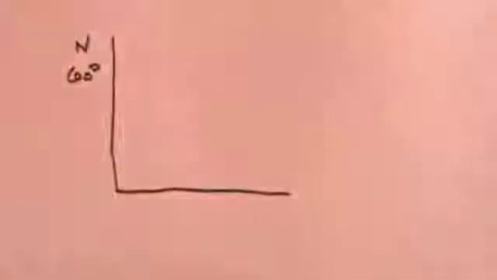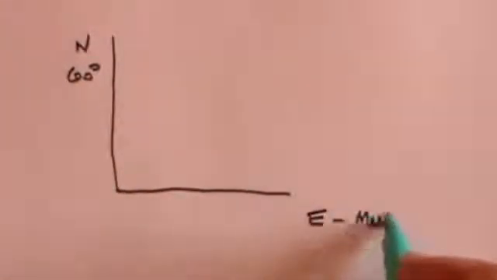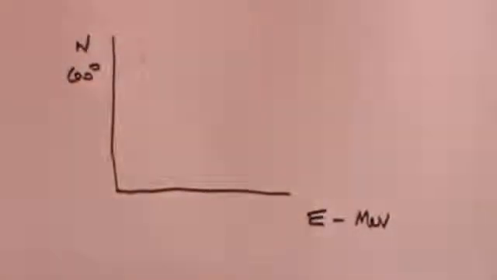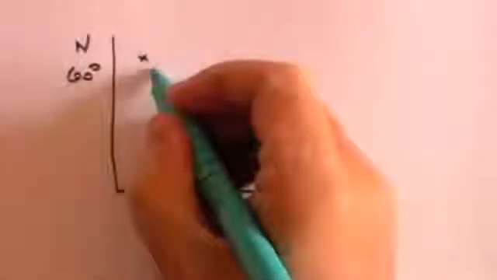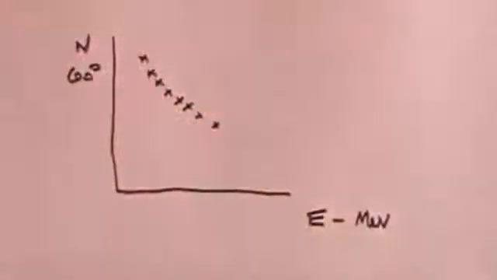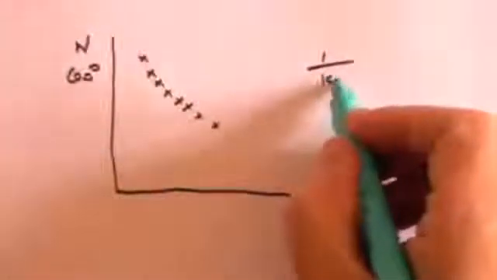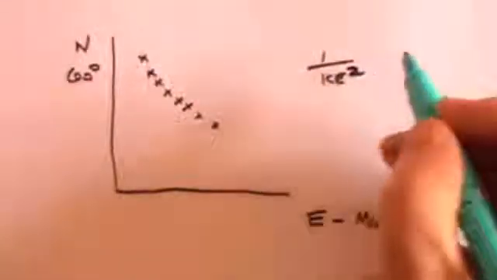If you plot the number of alpha particles at 60 degrees, it was always at 60 degrees, against the energy in MeV, what they found was that the data points all fell on an anticipated curve which looks like a 1 over KE squared curve, which is exactly what you'd expect.